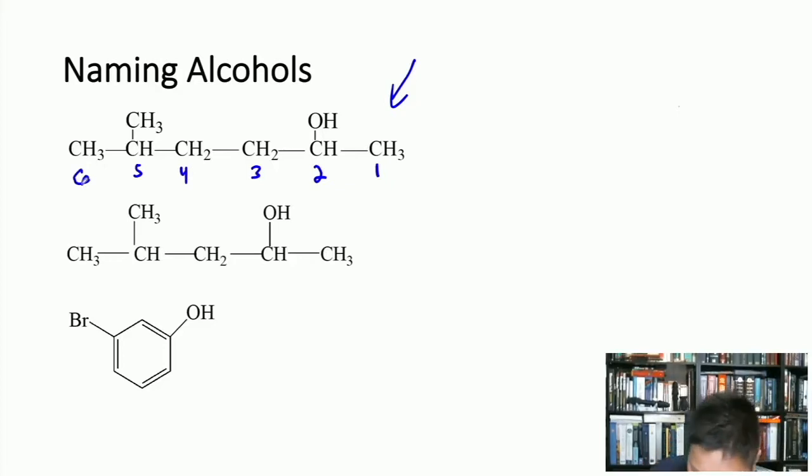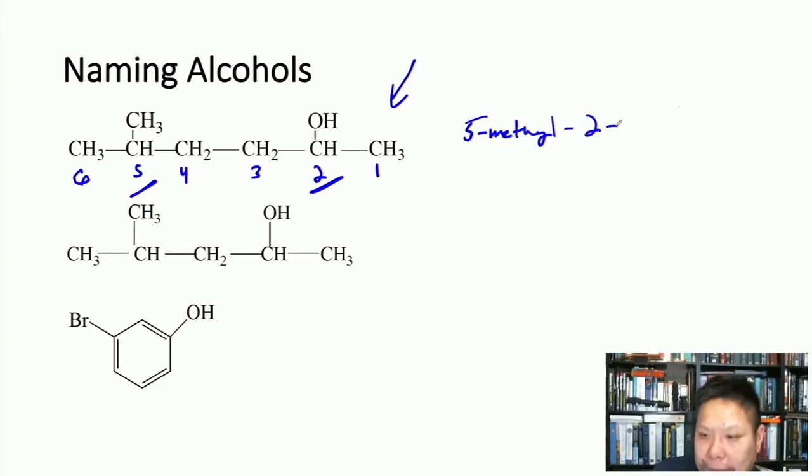On carbon 2, there's the alcohol. And then on carbon 5, there's a methyl group. So very simply, this molecule is 5-methyl 2, and then remember what we do with alcohols, we end them in "ol", like methanol or ethanol. So this is 6 carbons, so that's hexanol.